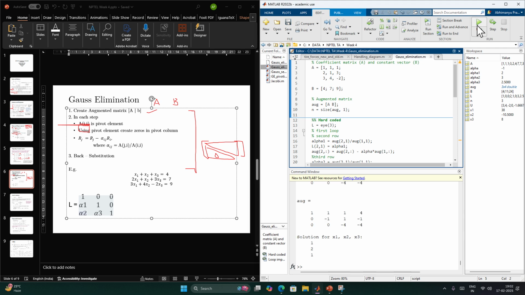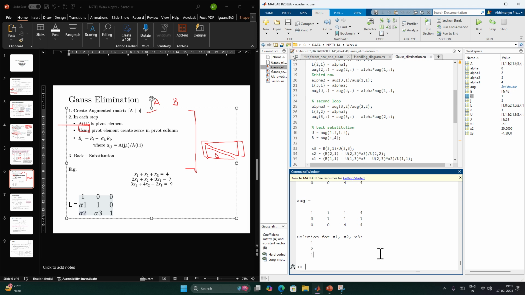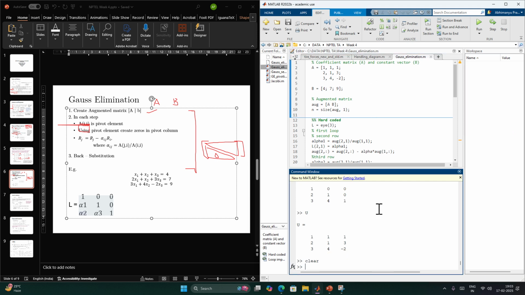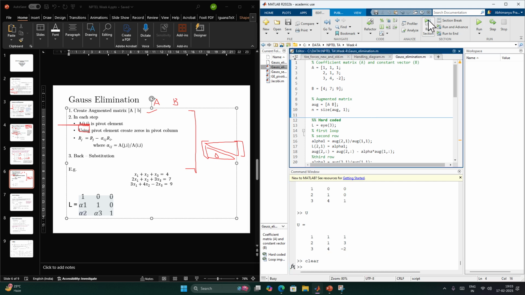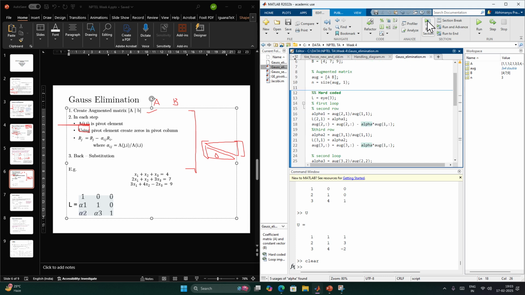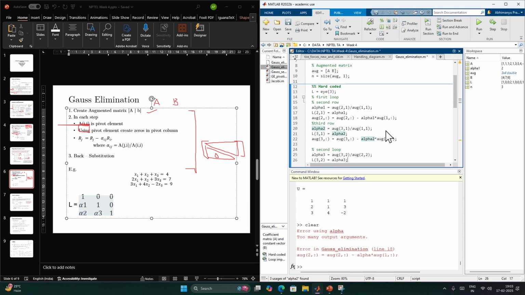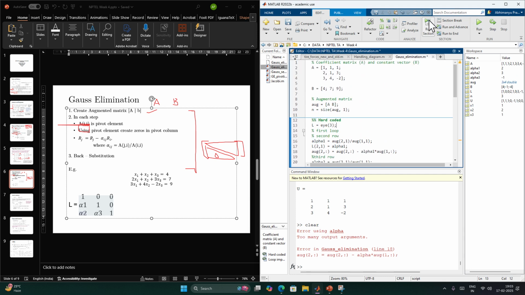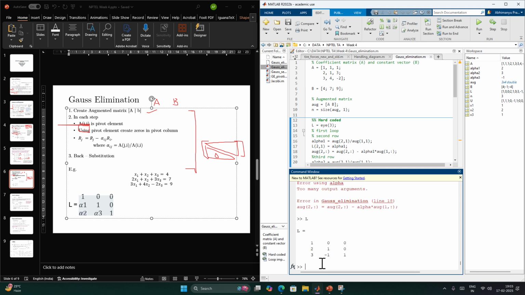So this is my L, and this is my U matrix.